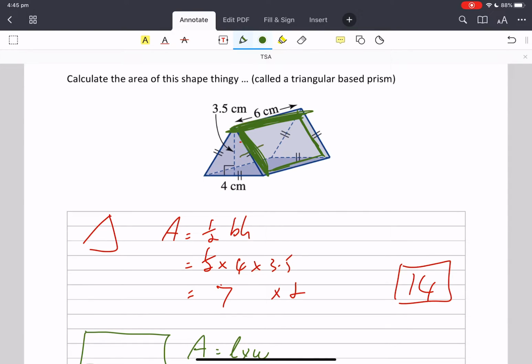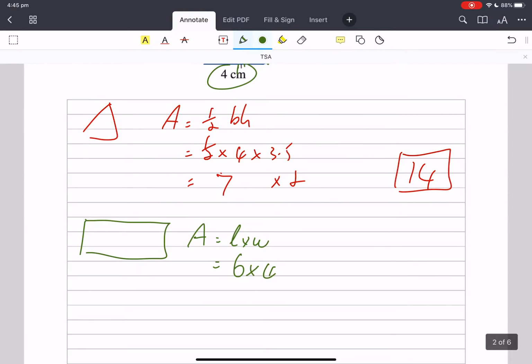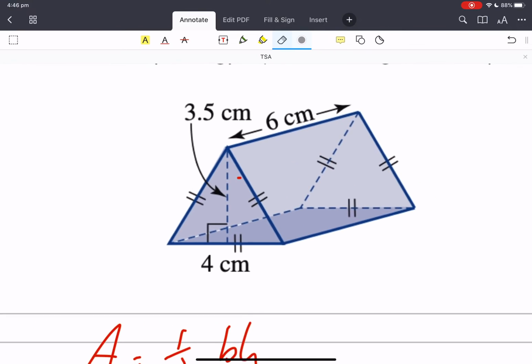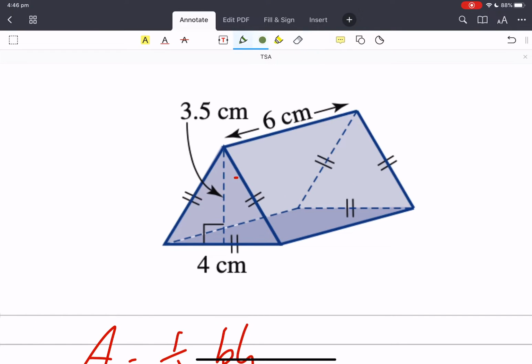That little ditto means that it's the same there, so that's going to be 4, which is 24. Now, here's the trick. Can you see that this side here and this side here and that side there are all 4 centimetres? Excellent. So we've got a rectangle here.